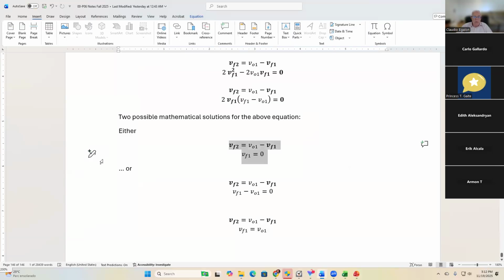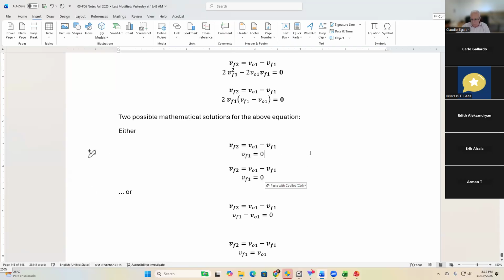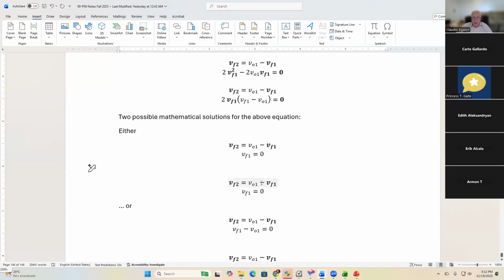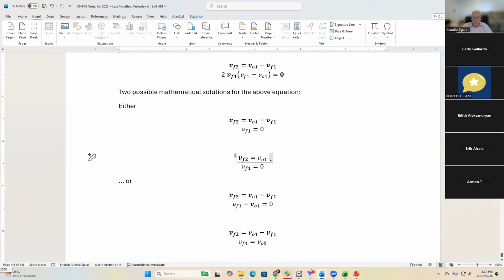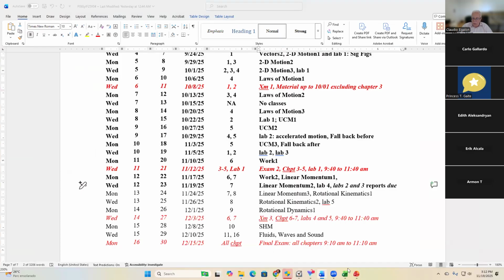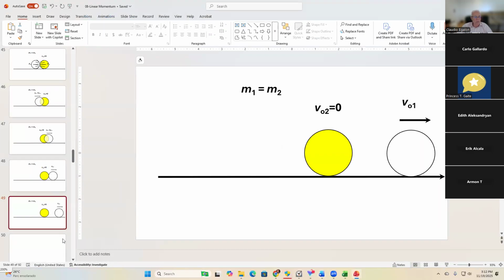And let me substitute right in here. When final velocity of 1 is 0, then the final velocity of 2 becomes the initial velocity of 1. I did the same here. And it's exactly that first condition that I illustrated for you.